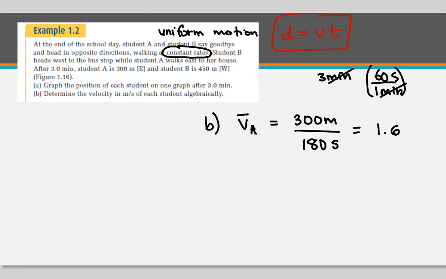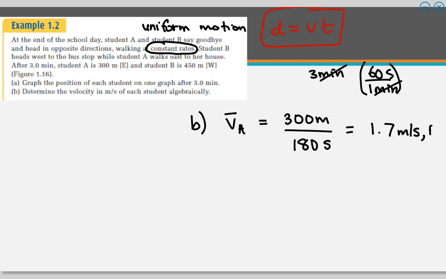Okay, so how many sig digs we got? 3? 2. We got 3 minutes here. So 1.7 meters per second. And the direction on the student A is east. Okay, so notice what I did there. I did the math, and then right as I'm going to finish off the question and communicate my answer, I scan the question, look for sig digs, and then is it a vector? Yes. So magnitude and direction.